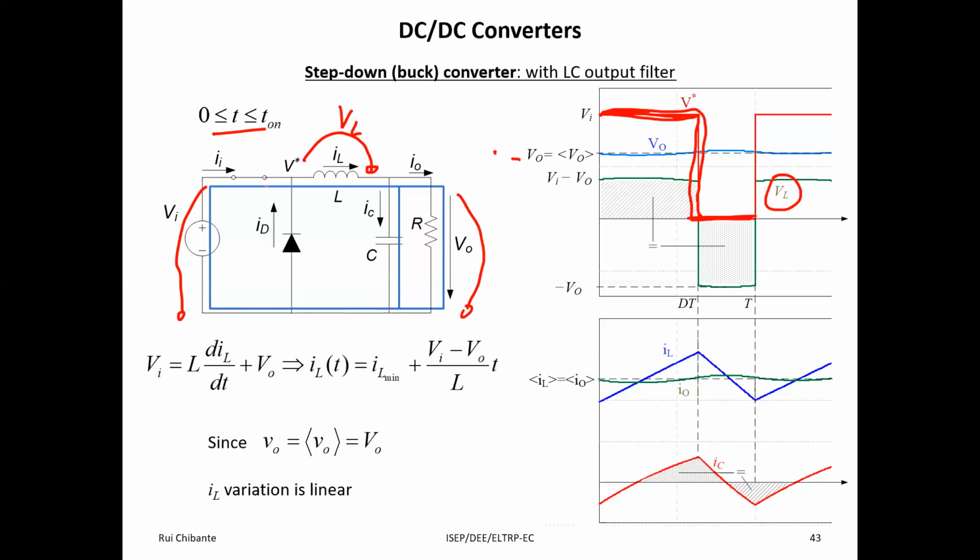If we look at this outer loop, we can say that VI is equal to VL plus VO, which is exactly this expression that we have here, since this is VL.